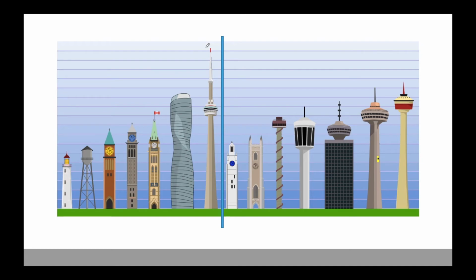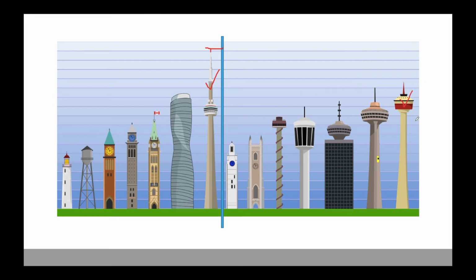Now we see that CN tower over here is much taller than anything else. It has the tallest of anything, so you know that's the tallest tower, right? So it's number 1. Now, we see that the next tallest tower would be the one on the very right, this one. And this one's taller than the tower on the left here, so we can confidently say that this is the second tallest tower.